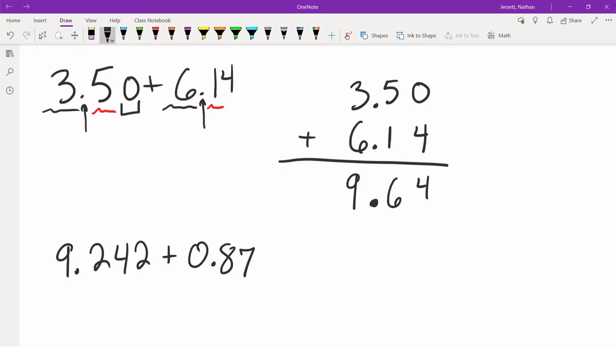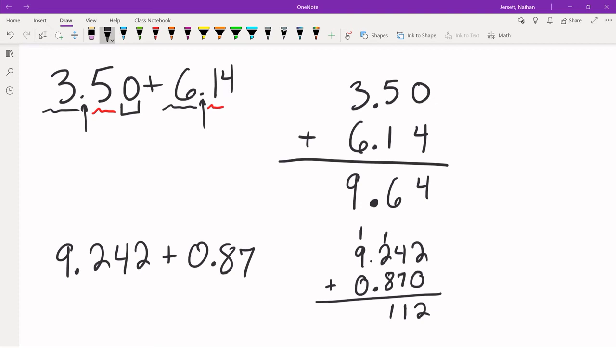Using the same thing we did in the previous problem, 9.242, all we have to do is line up the decimal point. And if we're missing a place value like we are on the bottom here, we can just add a 0. That won't change the number at all. 2 plus 0 is 2. 4 plus 7 is 11, so you drop the 1 and carry the 1. 1 plus 2 plus 8 is 11.